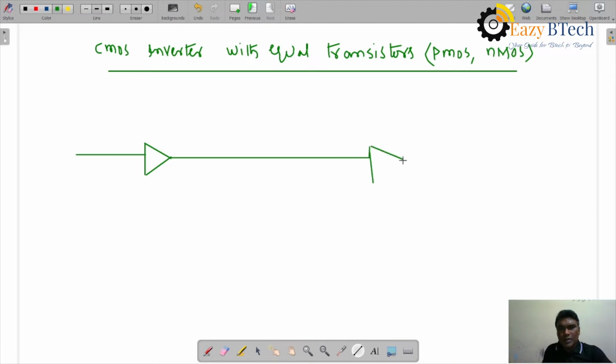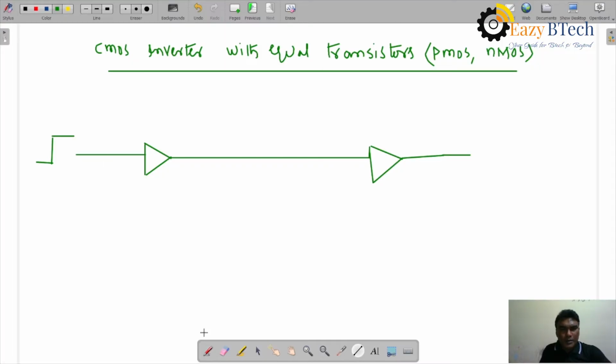So what is the inverter 1 to inverter 2 output? The input is the same. It will be 1.